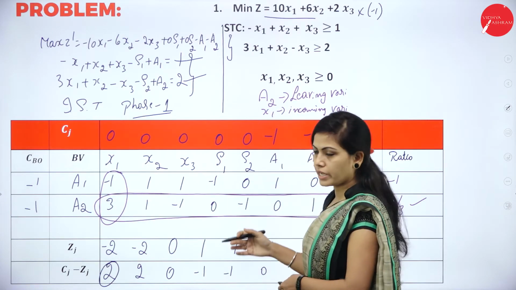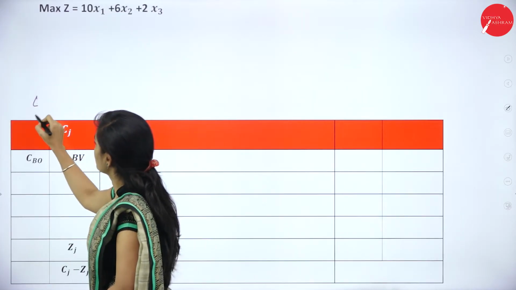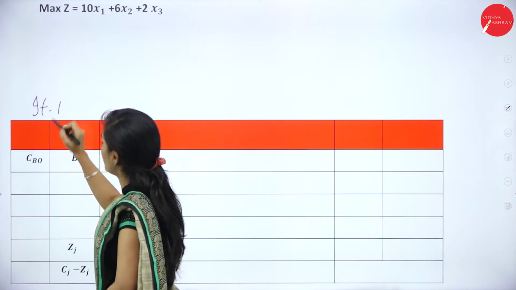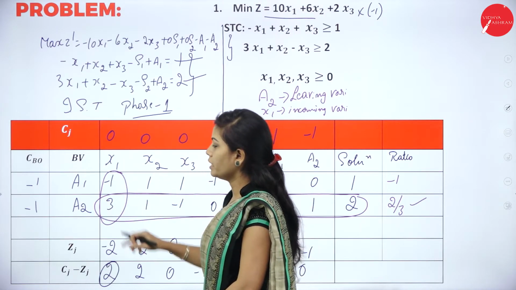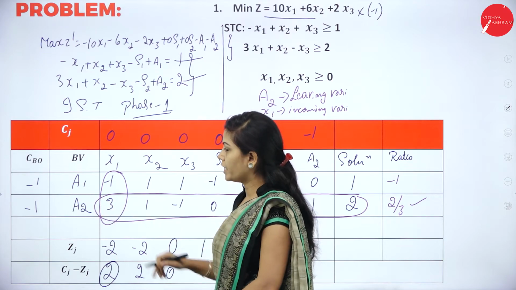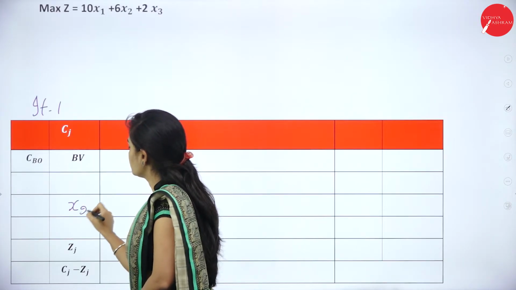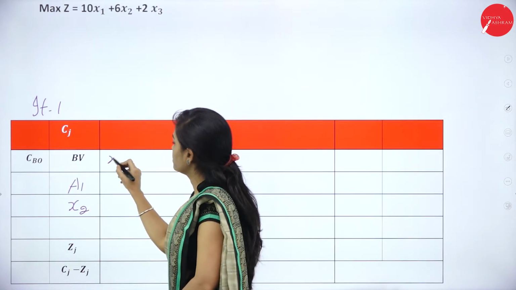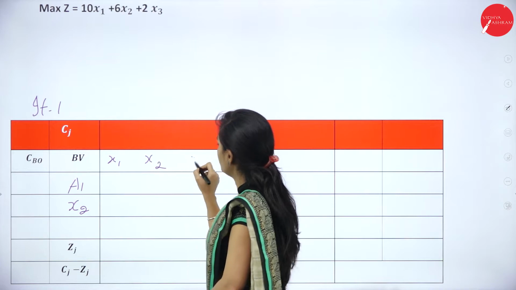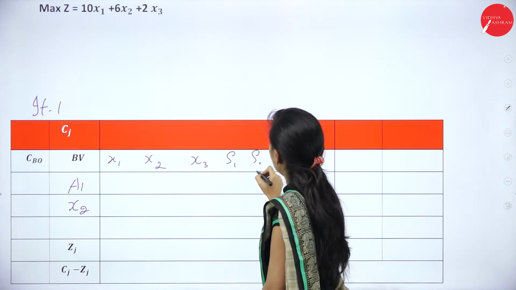So in the next iteration, iteration 1, I can replace this a2 by x1. In place of a2, I can write x1. It is a1 and it is x2. I'll write the basic variables x1, x2, x3 and s1, s2.